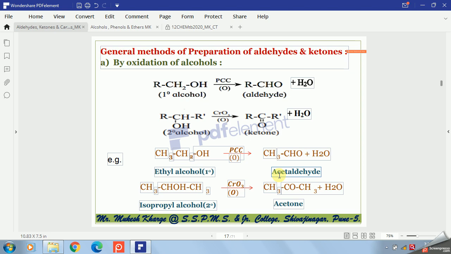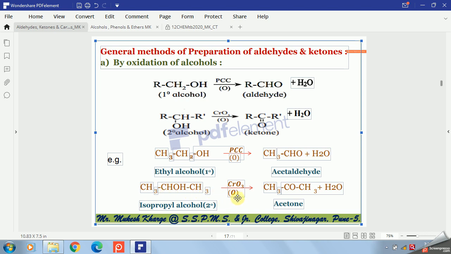IUPAC name is ethanal. While isopropyl alcohol, which is the secondary alcohol, contains the OH group on the secondary carbon, and that carbon contains only one hydrogen.